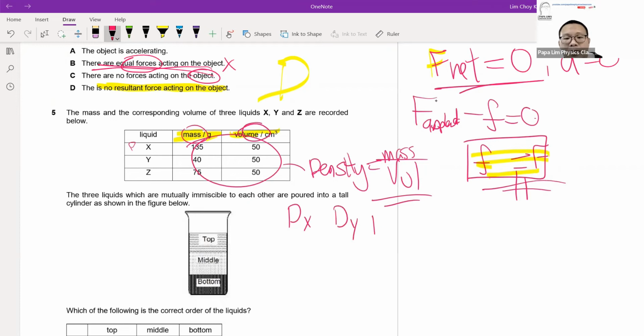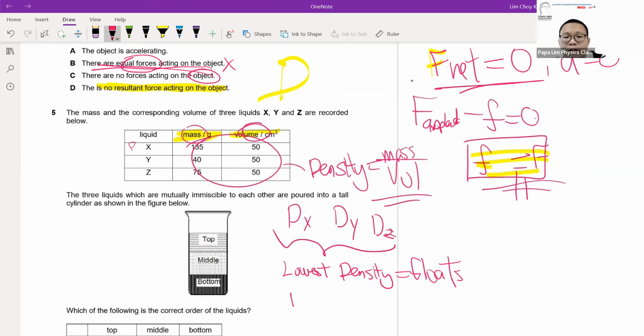So density Y and density Z. After you find their densities, you make use of the differences in densities. The lower density will float, and the highest density will sink. This is the perspective that they are looking at.